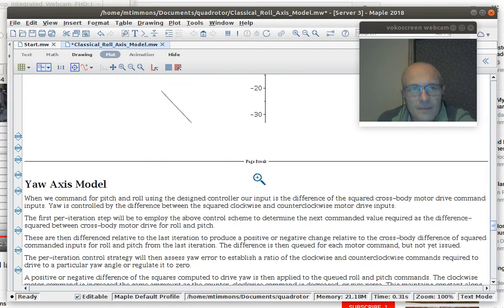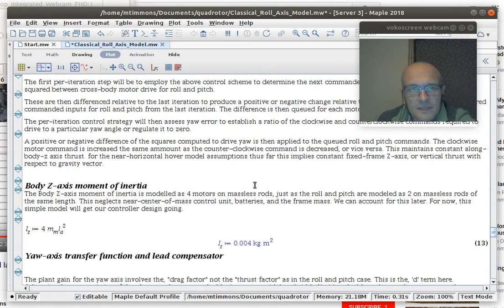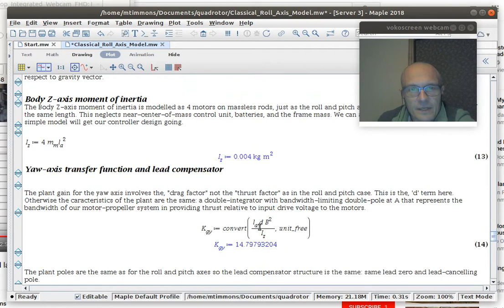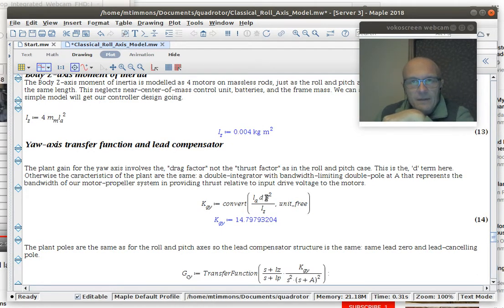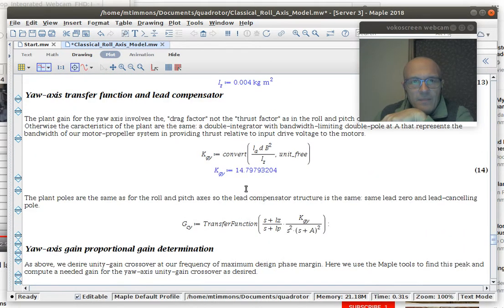Now the yaw axis model is structurally the same, only the plant gain is different because of the drag factor and a different moment of inertia about the z-axis, where we have all four motors on massless rods, and so our body moment of inertia is this, and we've got the drag factor instead of the thrust factor in the numerator.